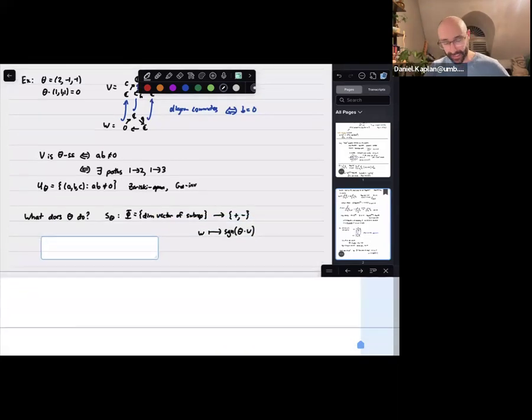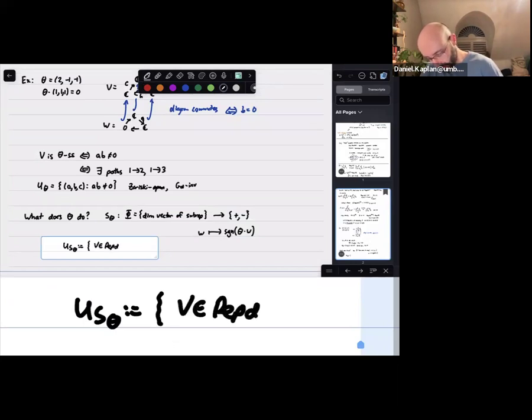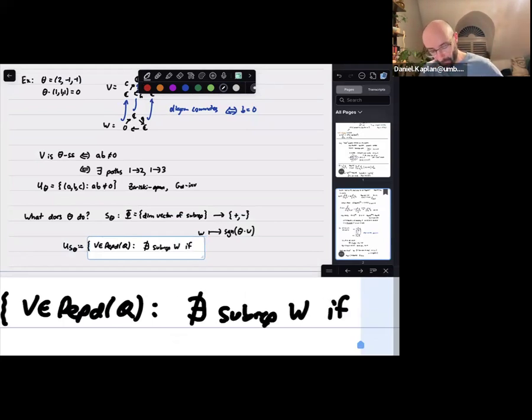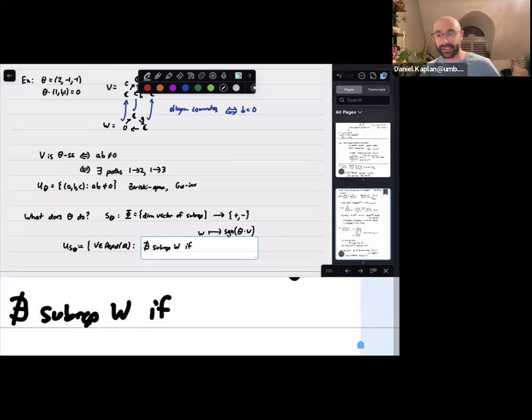And from this perspective, what's the open set? Well, it's the set of representations where there does not exist a subrep W whenever it's sent to something positive.